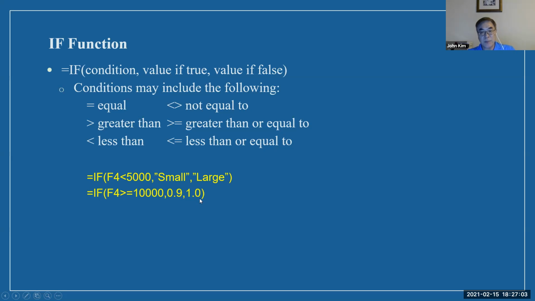This is like a discount rate. Buy 10,000 or more, then give a 10% discount. Smaller than that, there is no discount, so just 100%.